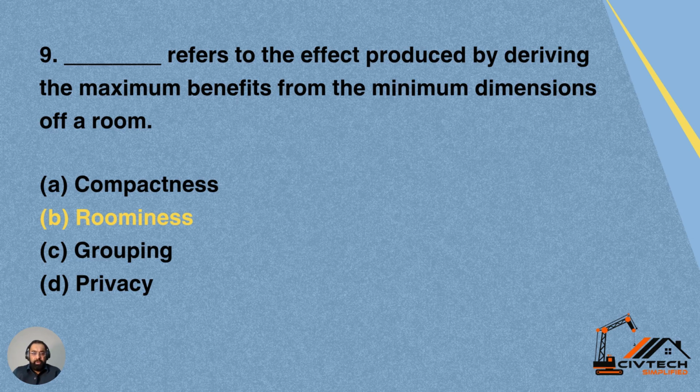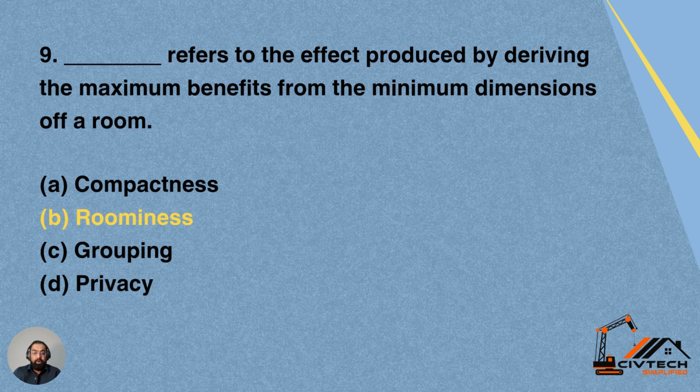Question number 9. Dash refers to the effect produced by deriving the maximum benefits from the minimum dimensions of a room. Number A, compactness. Number B, prominence. Number C, grouping. Number D, privacy.